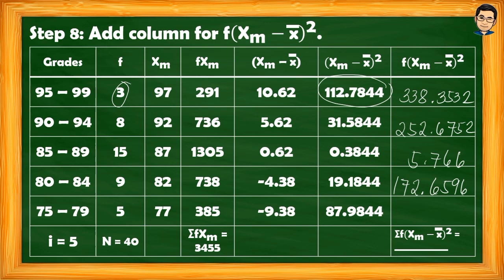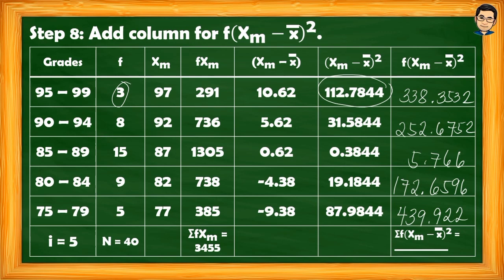Next, 5 times 87.9844 will have 439.922. So, ayan. Nakuha na natin yung product ng frequency tsaka yung square deviations. So, next step natin, i-add lang po natin yan para makuha natin yung summation.